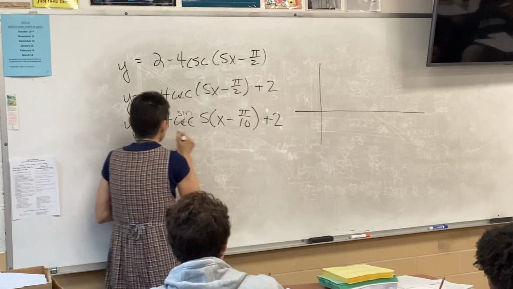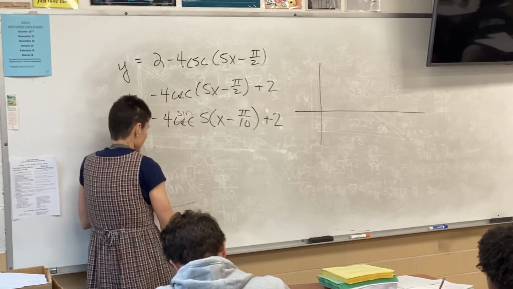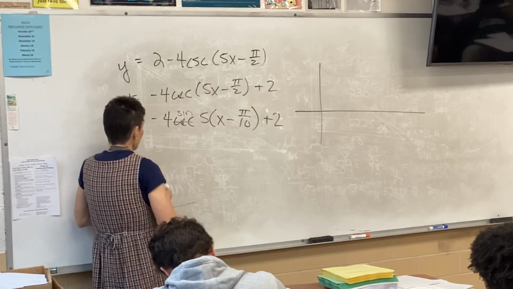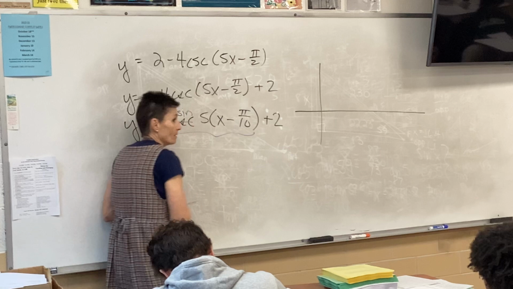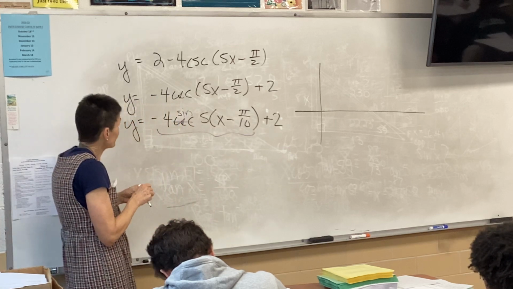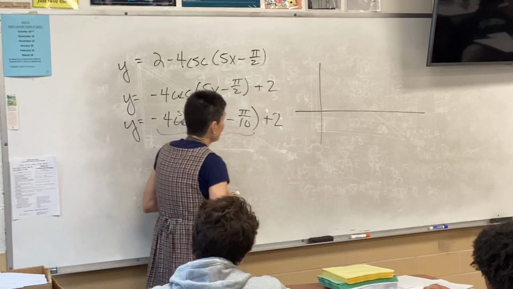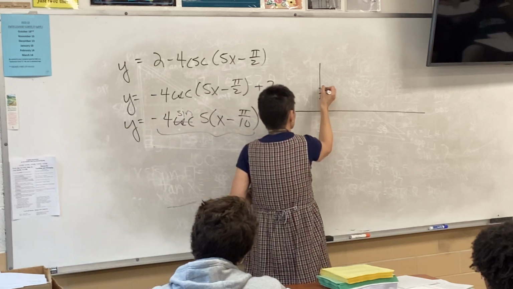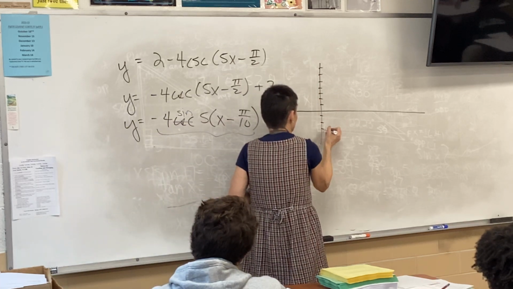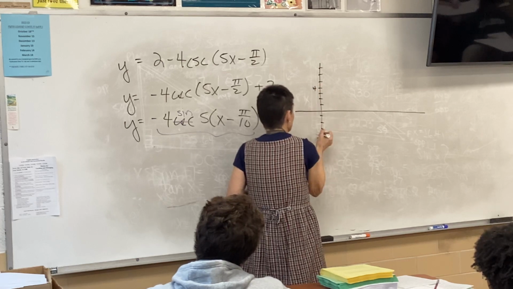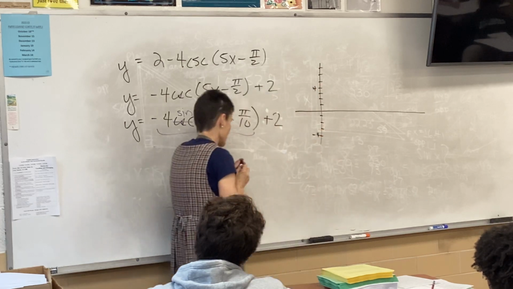So I'm going to graph this right here in my purple marker. All right, so here I go. Looks like I have an amplitude of 4. So 4, -4.